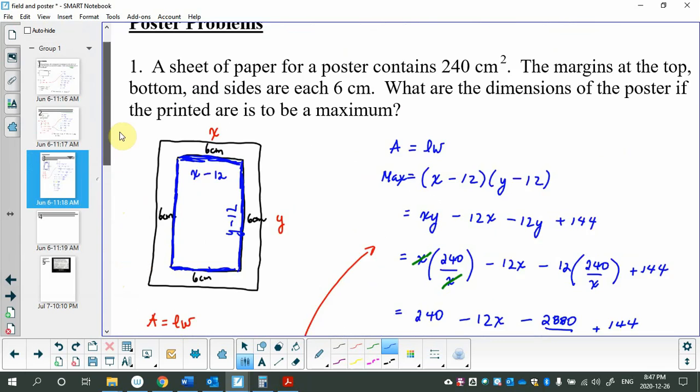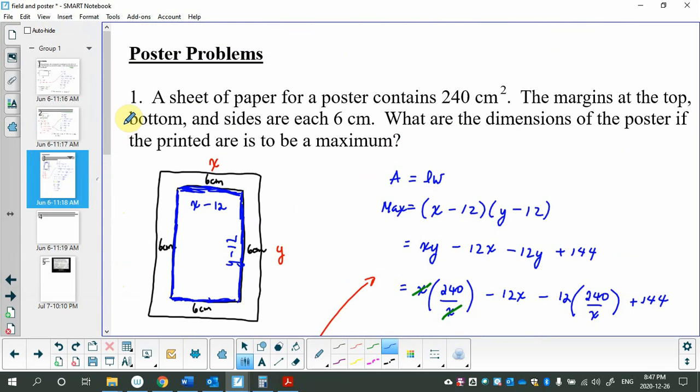So, back to the question, what are the dimensions of the poster? So that means I need to know the red values. So I've got the 15.5 as my red X value.